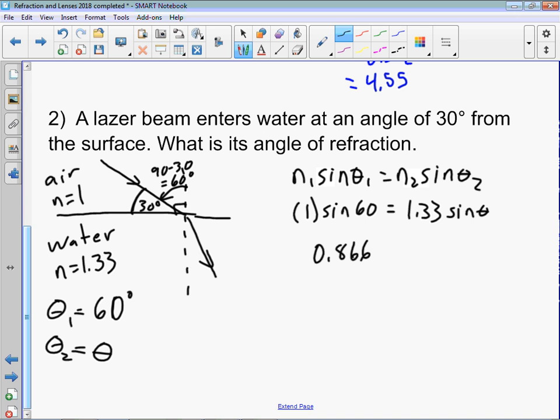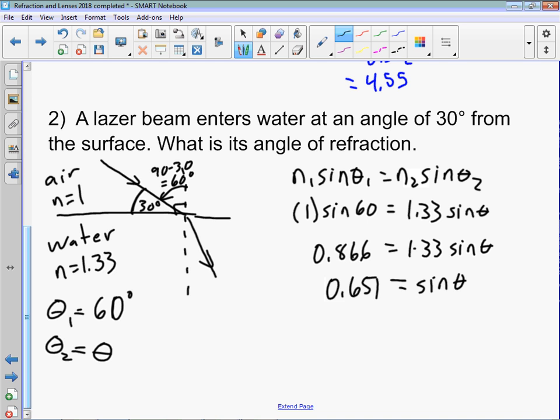Multiply that by 1, it doesn't change it. Equals 1.33 sine theta. Divide each side by 1.33. So you get 0.866 divided by 1.33, and you end up with 0.651 equals sine theta.